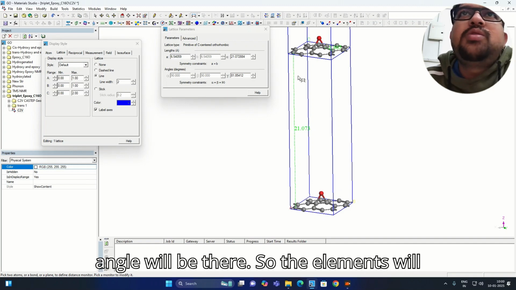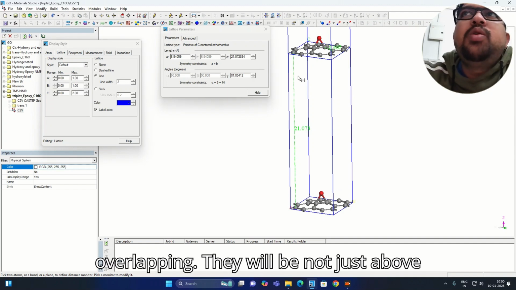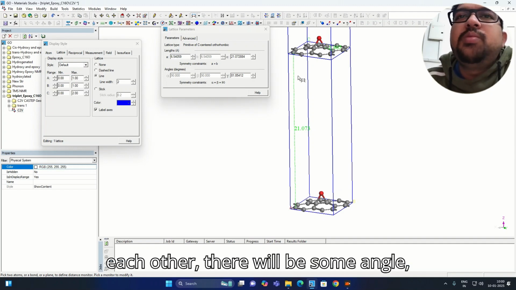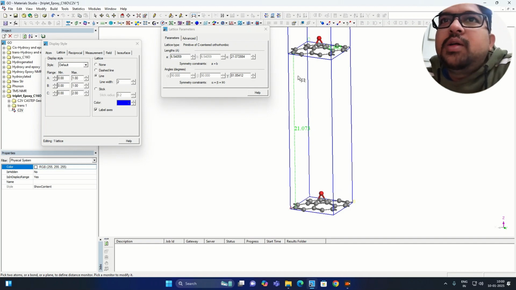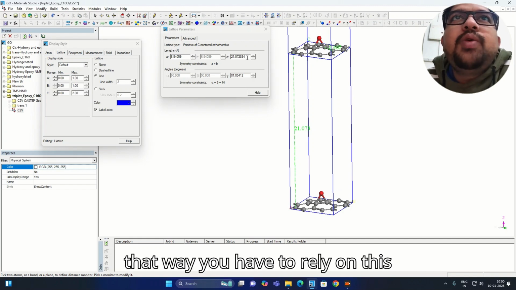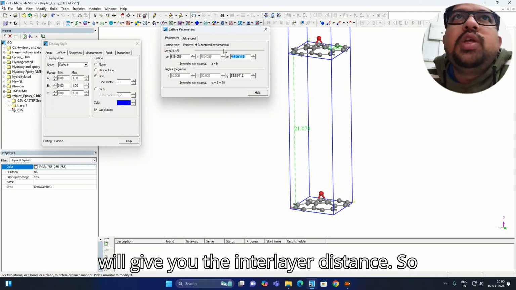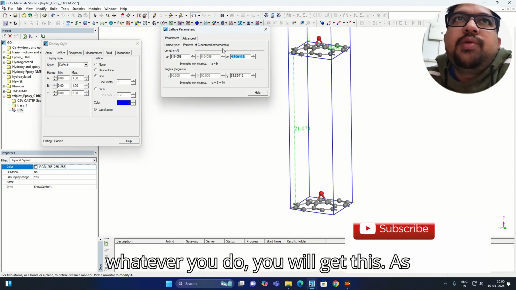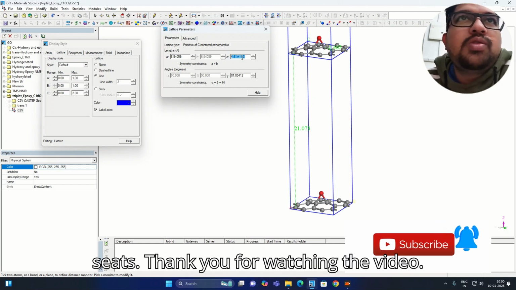So the elements will not be overlapping each other, they will not be just above each other, there will be some angle, right? So in that case you cannot just take the distance between two atoms. So in that way you have to rely on this parameter, this C. Okay, this value will give you the interlayer distance. So whatever you do, you will get this as the interlayer distance between your nanoseeds.